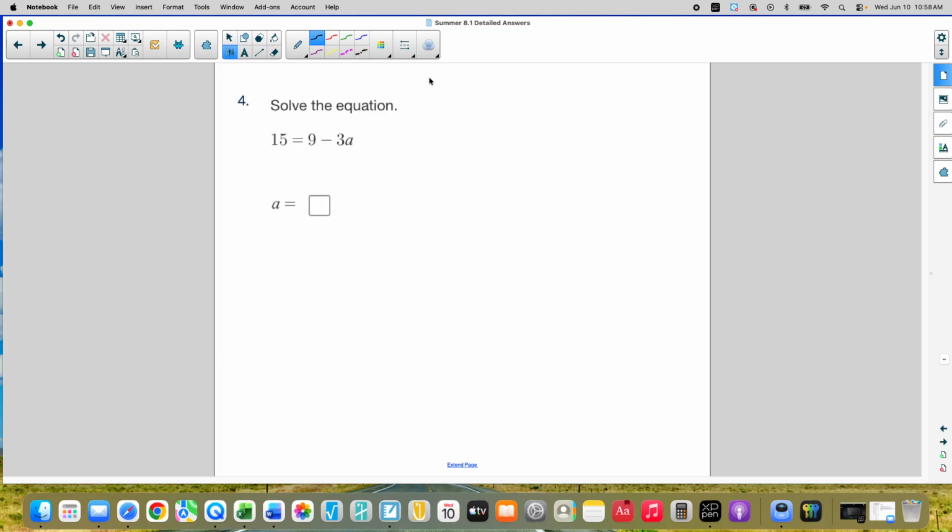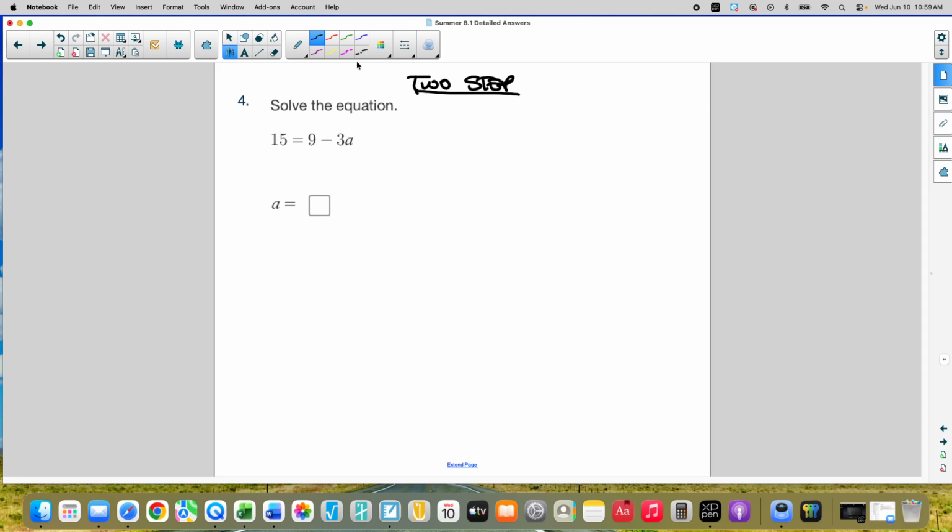This is our first two-step equation. That's not a two equation, it's two-step. And so if we look at the variable, two things are happening. 9's being added to it. That's not a subtraction. This is connected to the 3. So 9 is being added to it, and -3 is being multiplied.